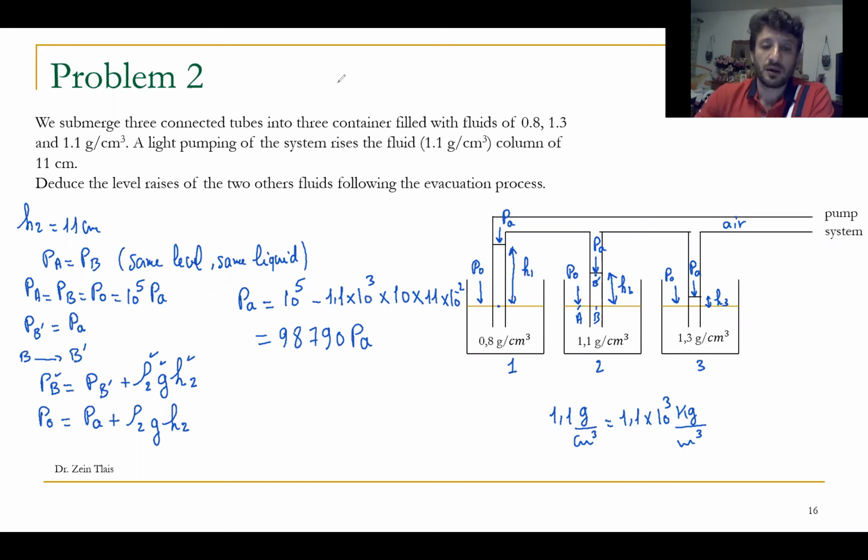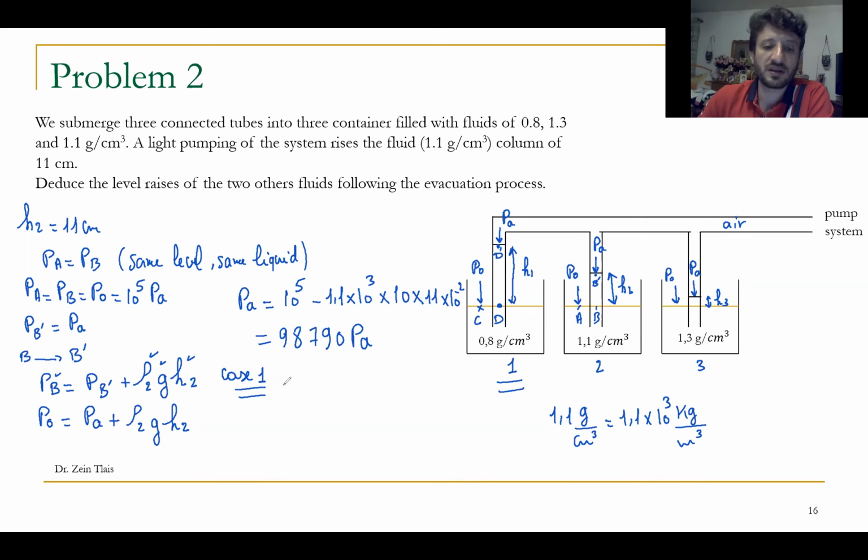Okay, so now I take case one, this one. As you see, between this point and this point, we can say here we have points C and D, and here we have PA, where we have a point D prime.